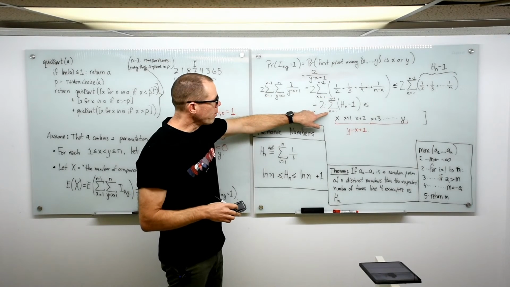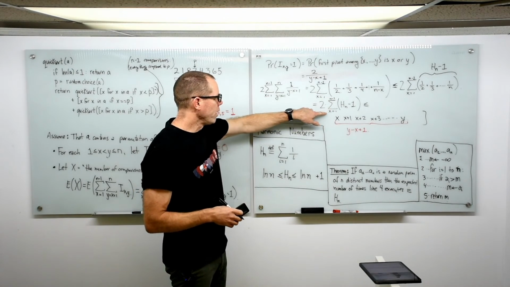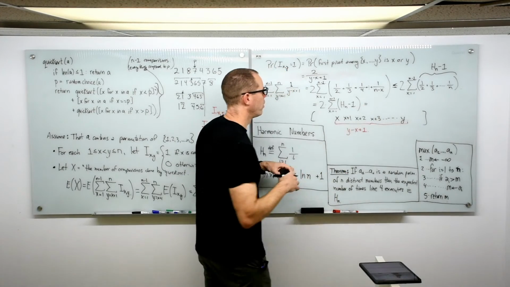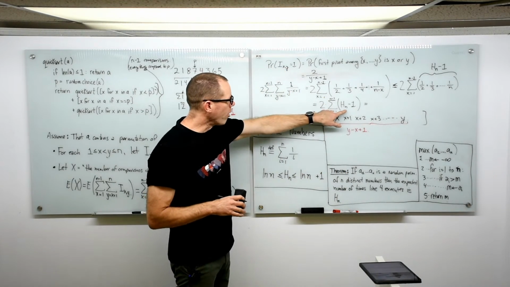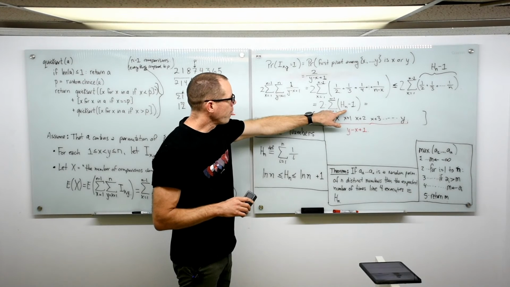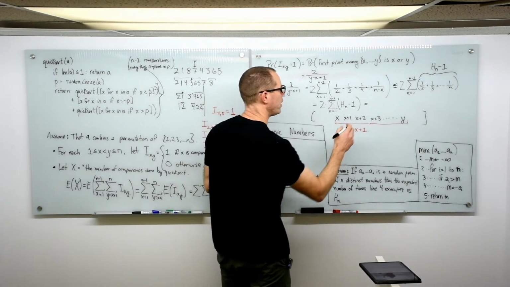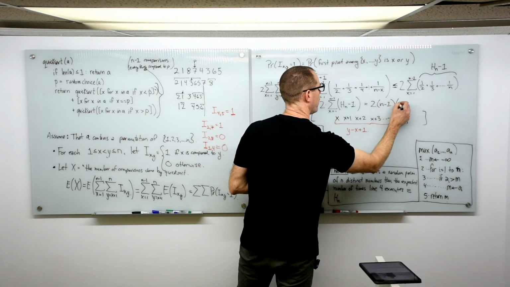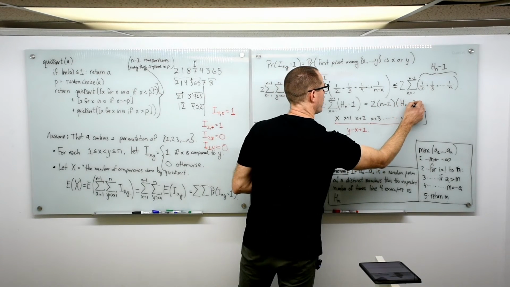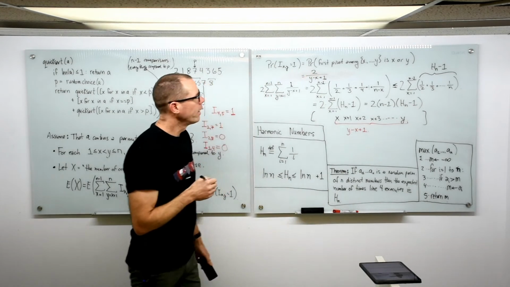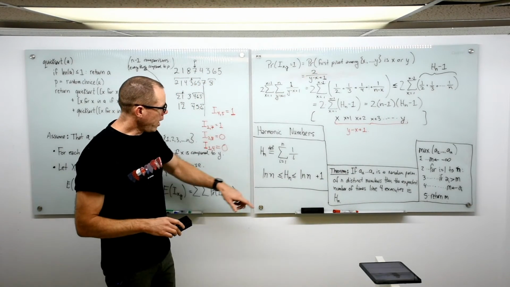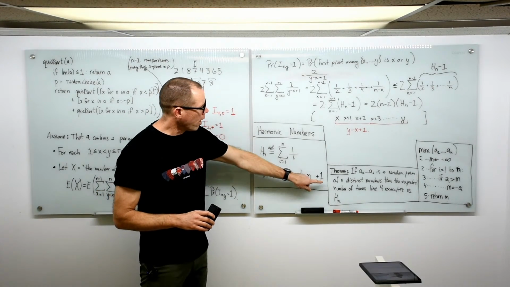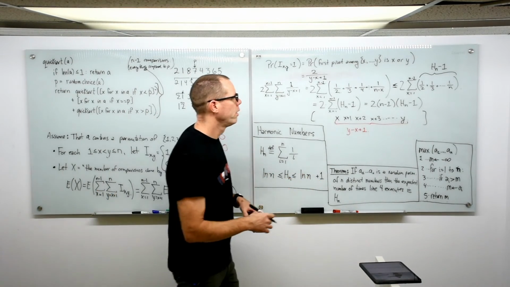Well, x goes from 1 to n minus 1, so in fact we have n minus 1 terms, they're all the same, they're all H(n) minus 1, so we get 2(n minus 1) times (H(n) minus 1). We saw that H(n) is less than or equal to the natural logarithm of n plus 1.